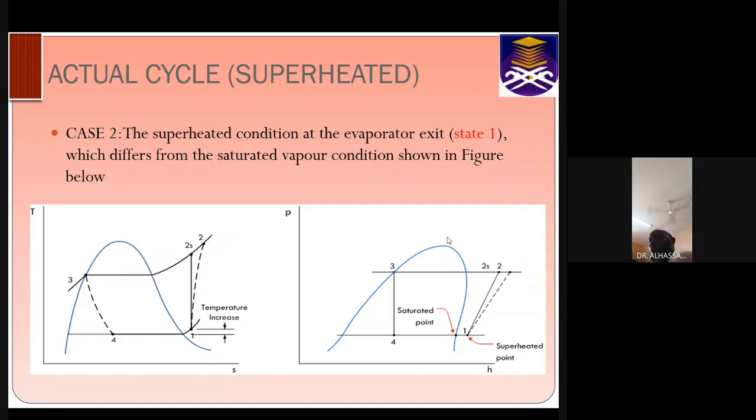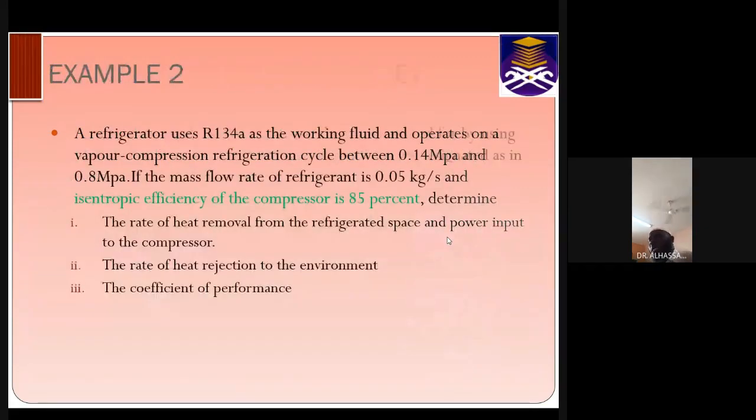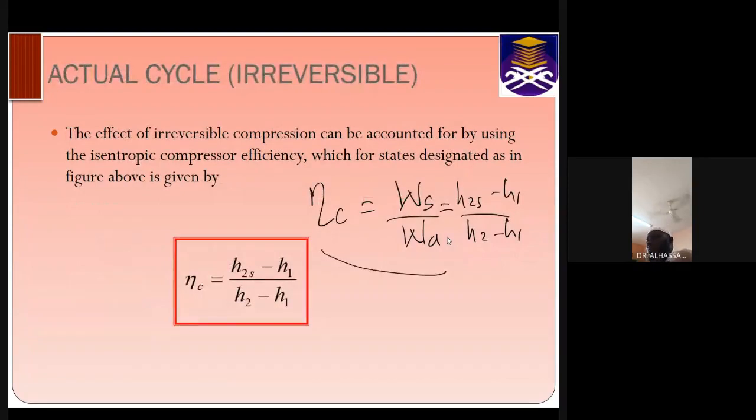Now this is case 2 for the actual refrigeration cycle. When we say actual, the word actual means in actual cases or practical life situations, all systems are irreversible because there is no way you can do away with the heat losses, the friction, pressure losses, and so on.